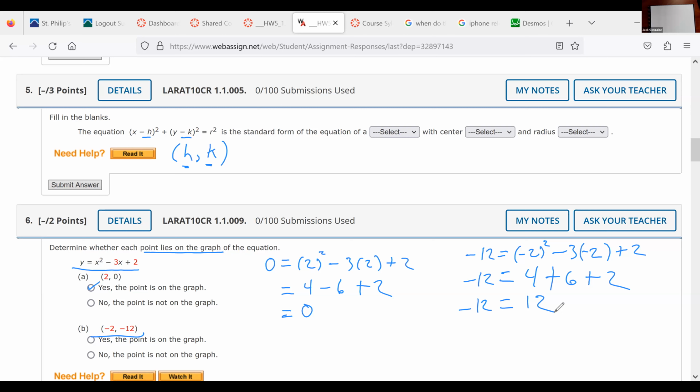Is that equality? So what does that mean, right? That means this point is not on the graph because it is not a solution. Not too bad, right? You guys have any questions before I move on? Next question.